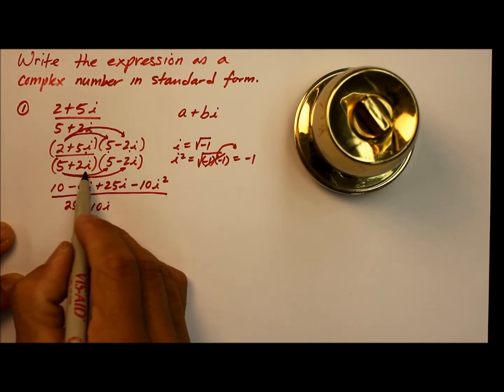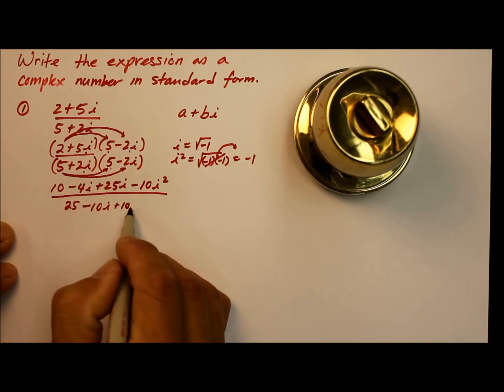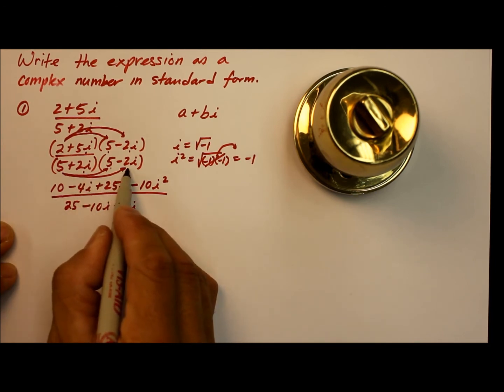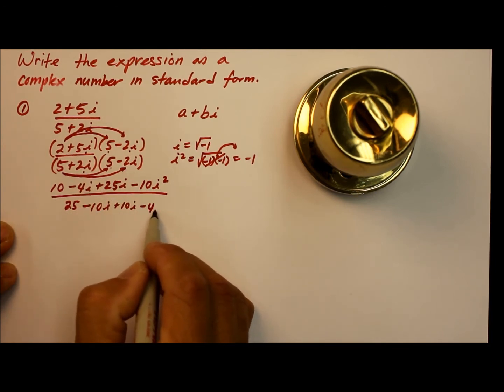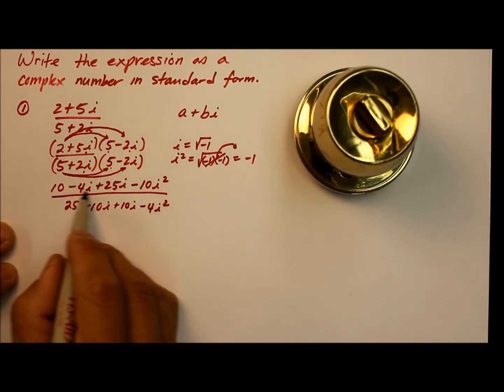Now the second term, or the inside terms of the two binomials, 2i times 5 is positive 10i. And 2i positive times a negative 2i is negative 4i squared. Let's simplify the numerator.